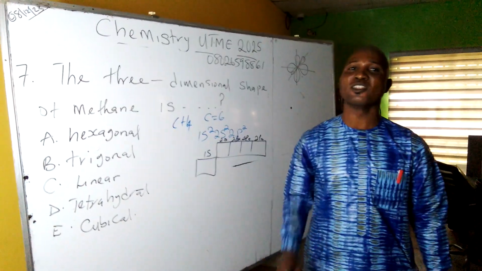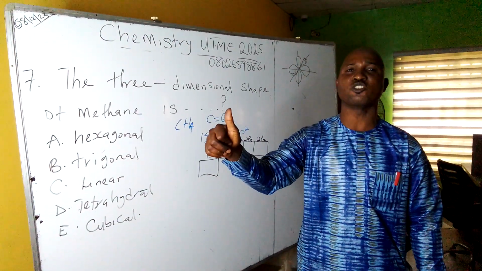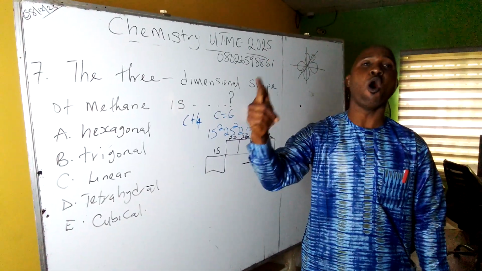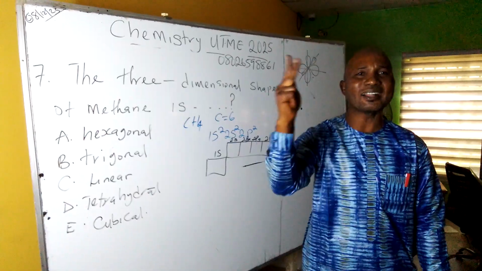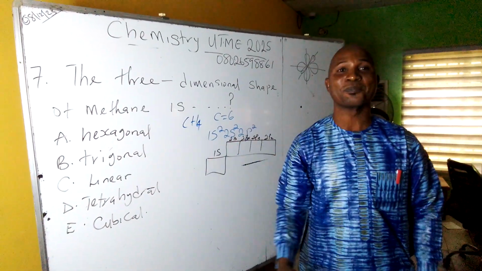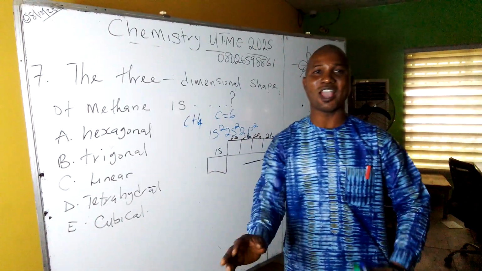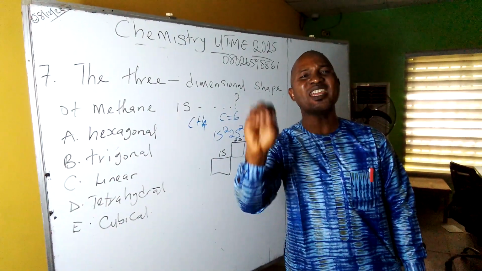I will take it again. The first one is called principal quantum number. The second one is called azimuthal or subsidiary quantum number. The third one is called magnetic quantum number. And the last one is called spin quantum number. In my subsequent lesson, when I come across a question that has to do with this quantum number, I will explain them to you in details.